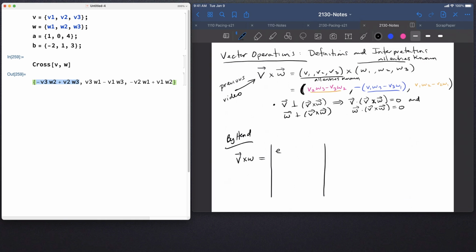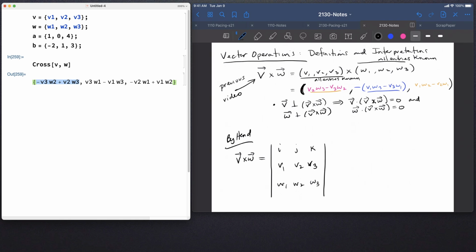So we have i, j, and k up here, and then you write your vector v1, v2, v3 on the second row, then write your vector w on the third row, the entries of the vector w relative to the ijk coordinate system. So writing the vectors v and w in the standard coordinate system.